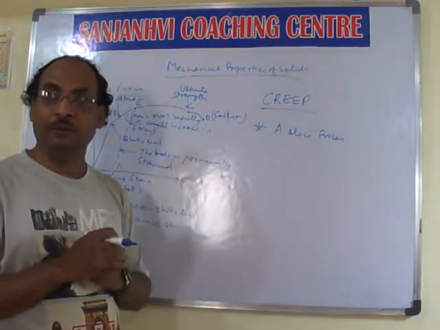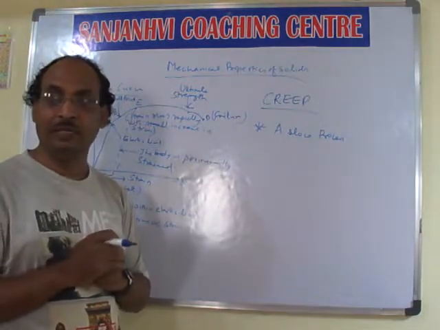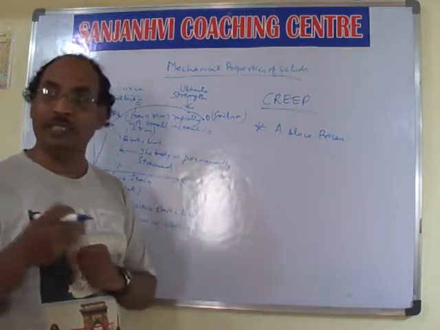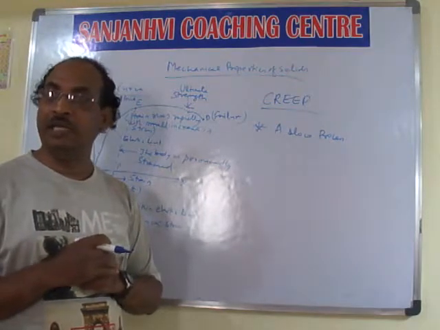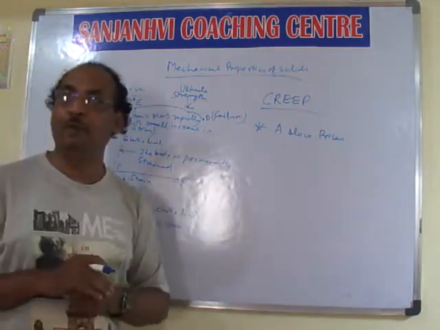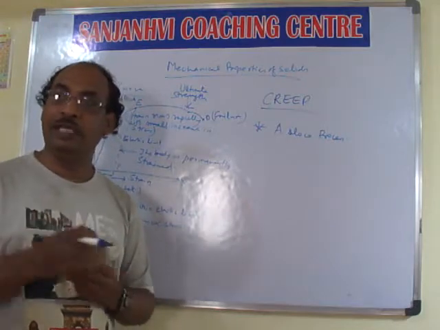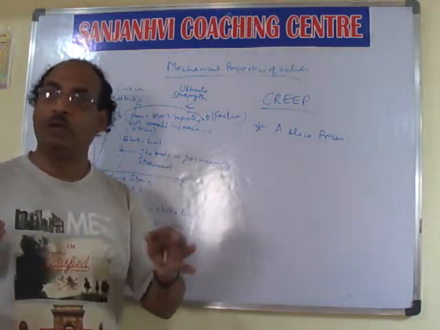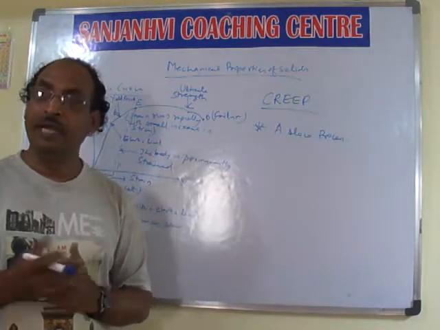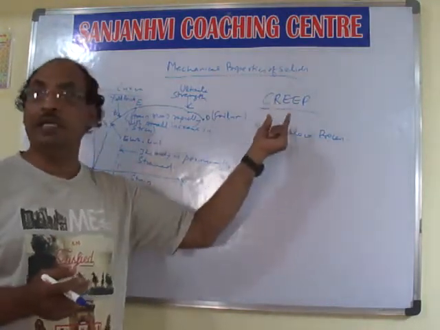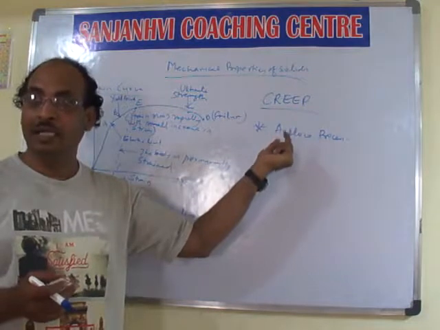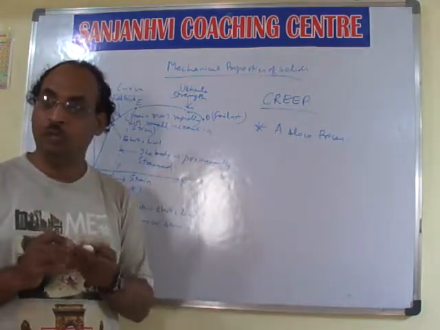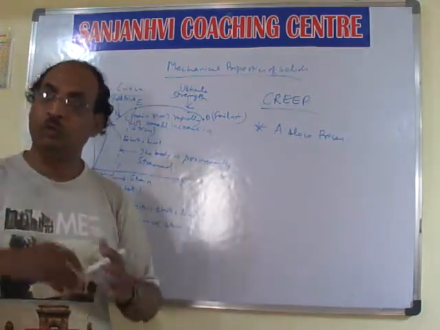Over a passage of time, 10 years, 20 years. If you are purchasing a new vehicle, immediately it will not show any type of problem. But when it becomes 10 years old, 20 years old, slowly different types of problems will start appearing. Why is it so? Because of creep. A body is subjected to sometimes high temperature, sometimes low temperature.